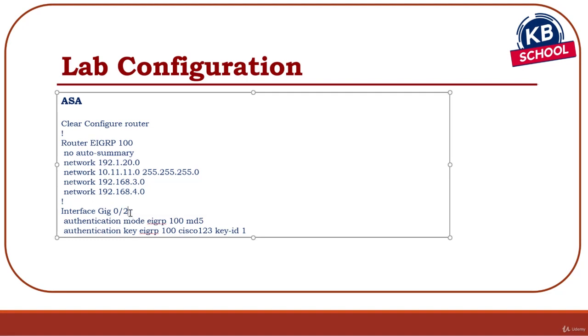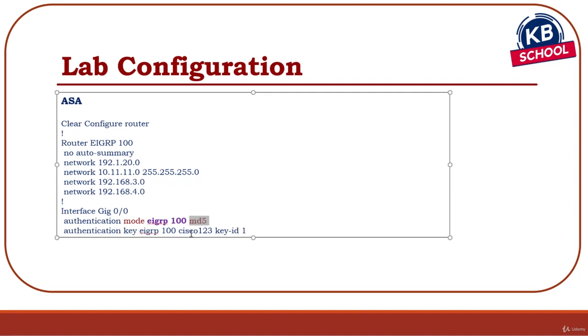The way you do authentication, it is on gig 0/0, on the outside interface. Mode for EIGRP 100 is MD5. Let me color it a bit so that you can see that it is based on this. The mode I'll put in this guy so you can see it in your document a little better.